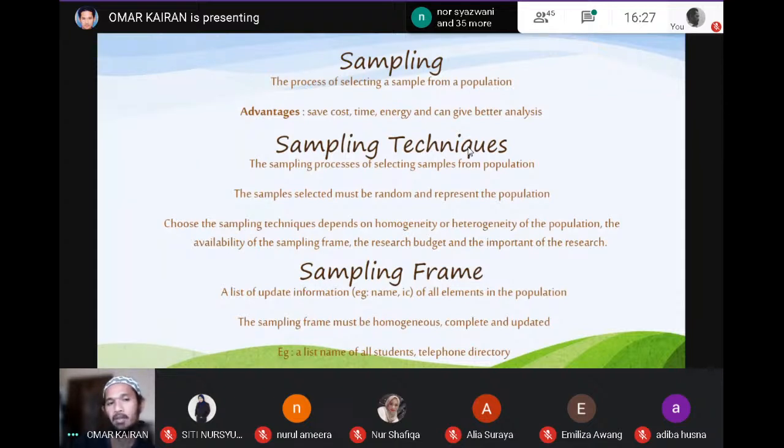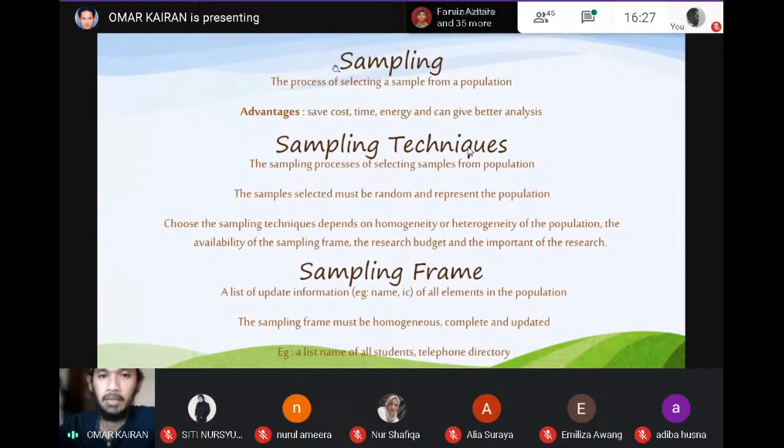Okay, so what are the advantages of sampling? One is saving cost, saving time, saving energy, and it can also give better analysis. Actually, the goodness of your analysis depends on the sampling method that you use, the appropriate sampling method.